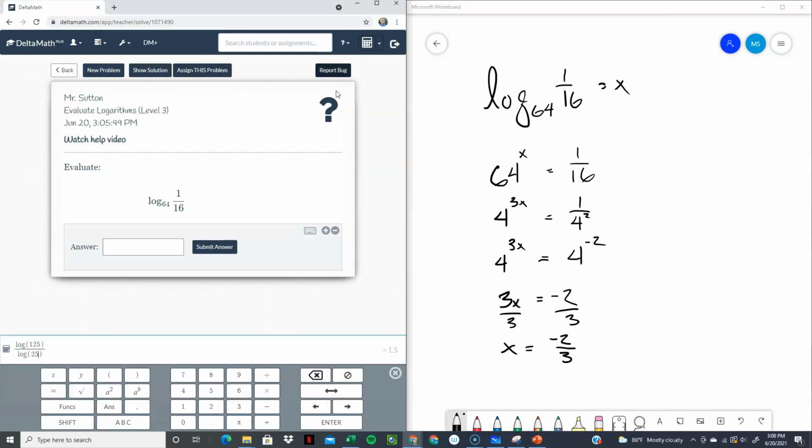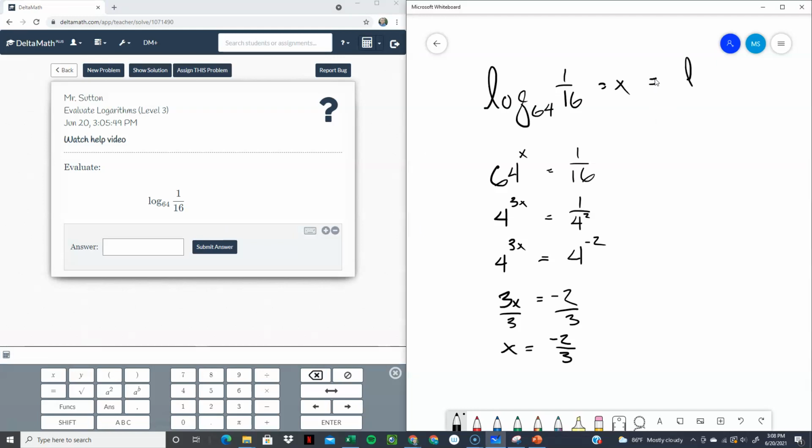Which I can check again on the calculator using that method we talked about before. This has to equal log base 10 of 1/16 over log base 10 of 64.